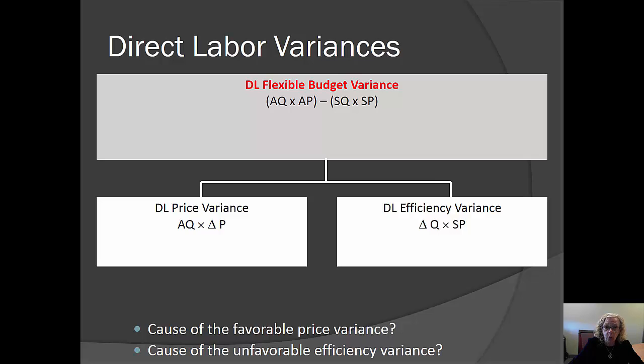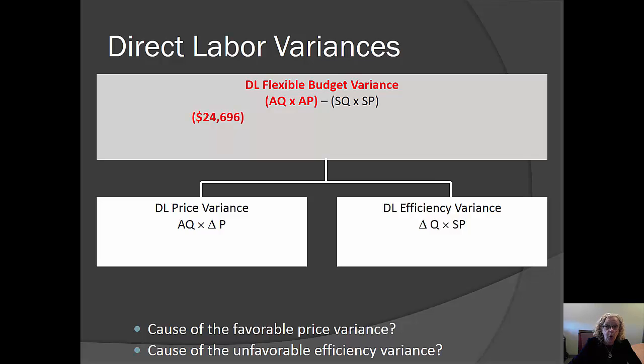The formula for actual cost is actual quantity times actual price. But in this case, there's no need to compute that because the total cost for labor was given to us.